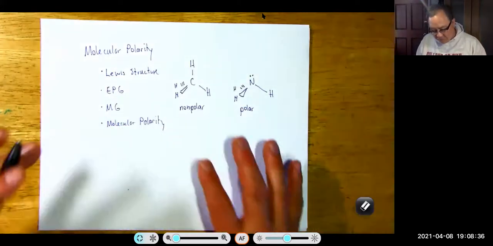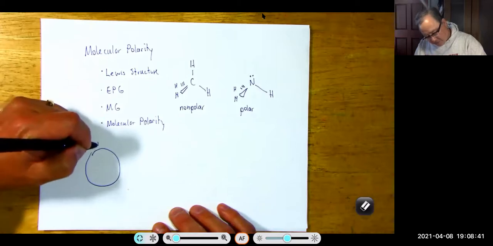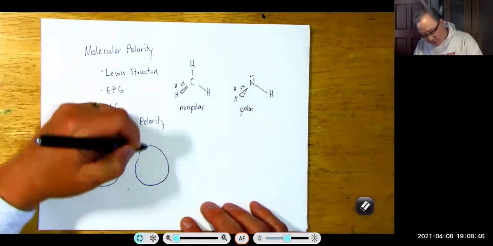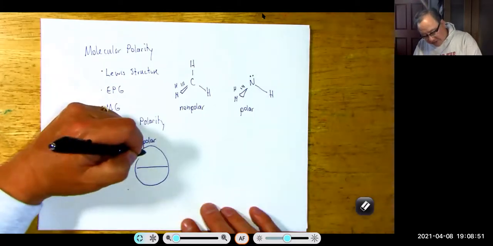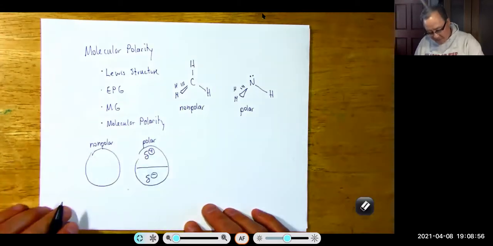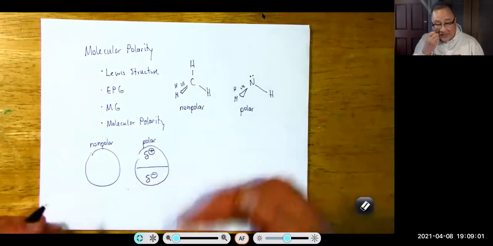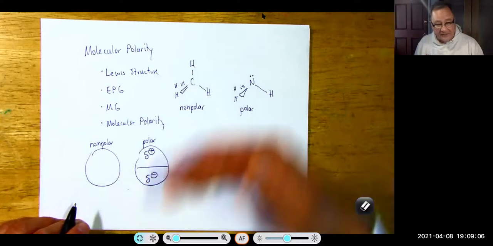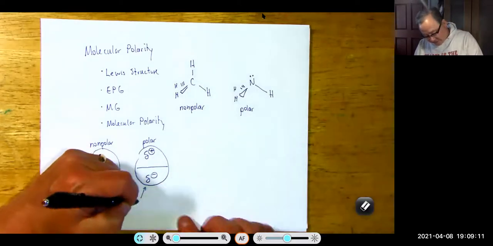And when we talk about polar versus nonpolar, this is nonpolar, just your average molecule, and this one's polar. With the polar molecule, one side will be slightly positive and the other side will be slightly negative. The reason one side is slightly negative is because there's more electrons on that side. And the reason one side is slightly positive is because there's fewer electrons on that side. So it makes this side slightly negative. This is the symbol delta.